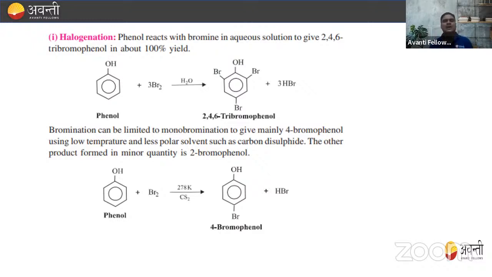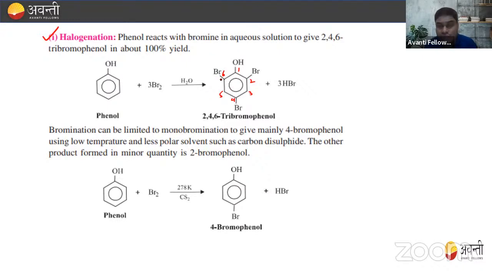So let's first think about what happens when halogenation of phenol takes place. This is phenol. We all know that whenever halogenation of phenol takes place in presence of water, always 2,4,6-tribromophenol will be formed. What is the name of this compound? That is 1, 2, 3, 4, 5, and 6.